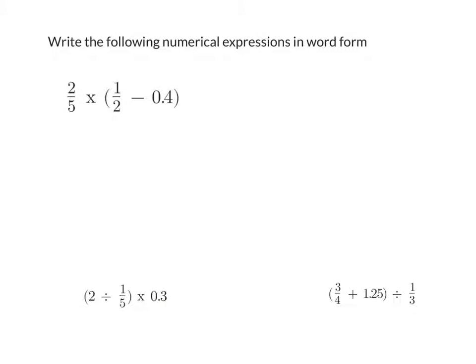Go ahead and write down this numerical expression: 2/5 times, in parentheses, 1/2 minus 0.4. Okay, let's see. Do we see parentheses? That means we have to do that part first, huh? So what part is in parentheses? 1/2 minus 0.4. When I see the minus sign, subtraction sign, what word do I use to represent that?